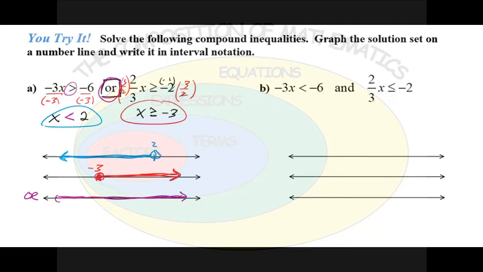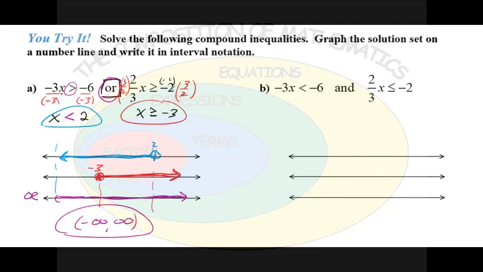So the blue covers everything to the left up until 2, and then the red covers everything to the right. So the answer to this would be everything from -infinity to infinity. Okay, so it doesn't matter what the value for x is, this will always be true.